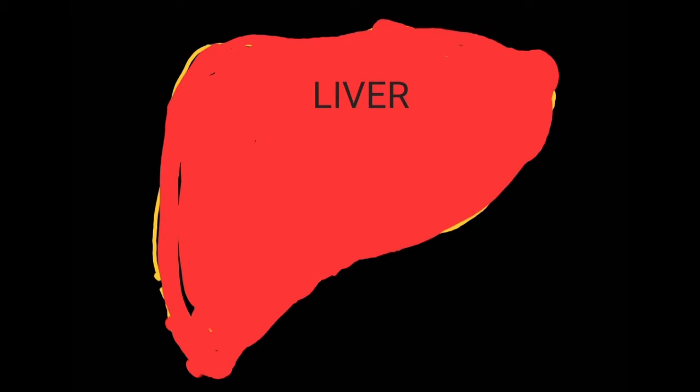The third unique function of the liver is its ability to produce ketone bodies. Ketone bodies are synthesized from acetyl-CoA by condensing two molecules of acetyl-CoA first by the enzyme thiolase.